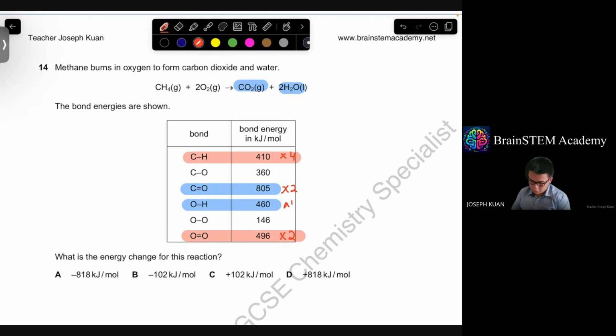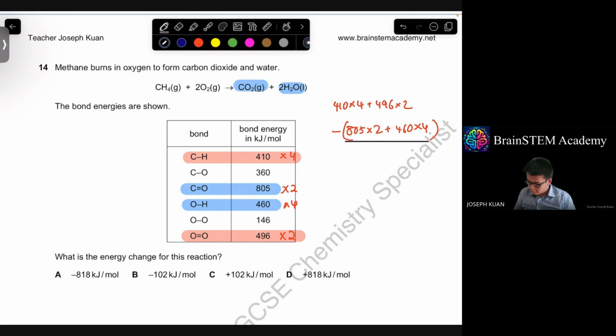4 of which. So take the sum of the red ones minus the sum of the blue ones. So which is 410 times 4 plus 496 times 2, minus 805 times 2 plus 460 times 4. Make sure you don't make a mistake.